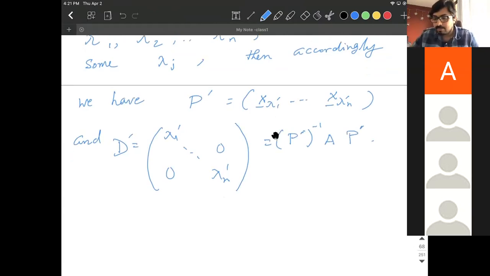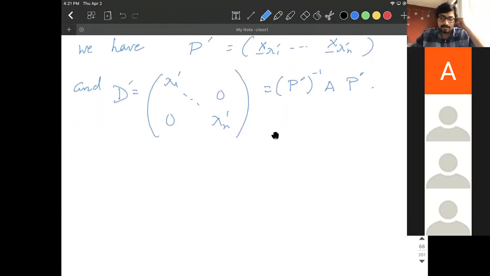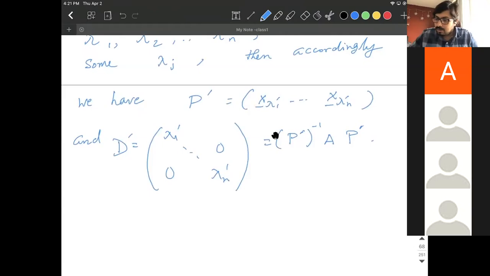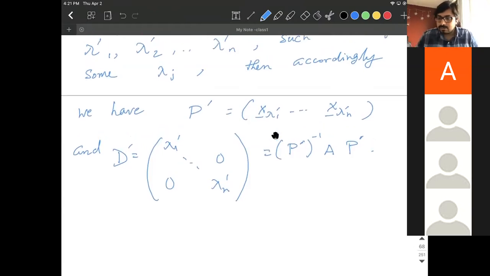Okay, so there can be different choices of this diagonal matrix D and P, but the end result is always the same, which is the good point: for any such choice of the diagonal matrix D and the invertible matrix P, you have this relation that D is equal to P inverse A times P.